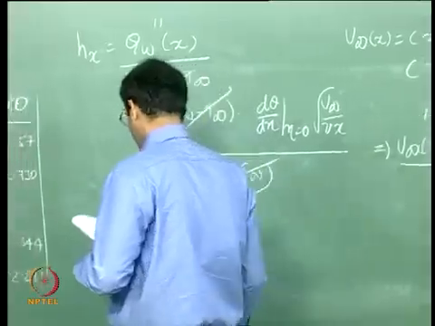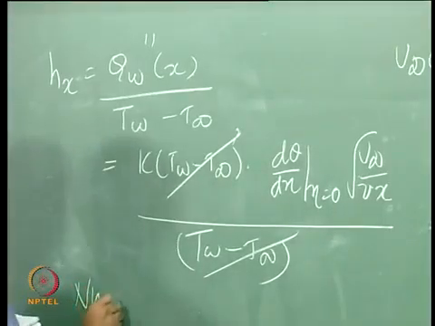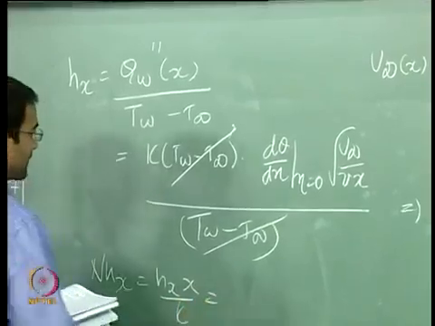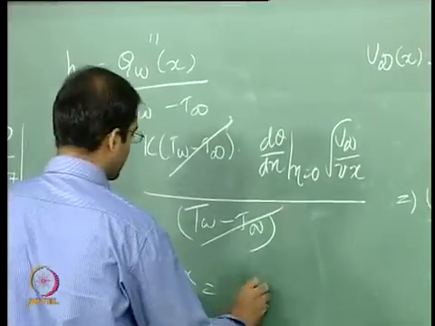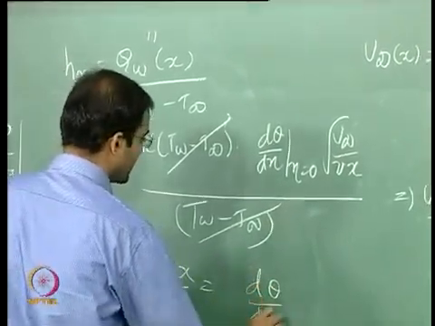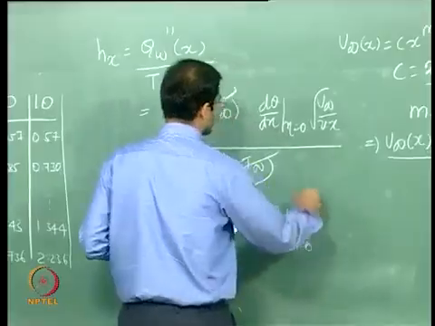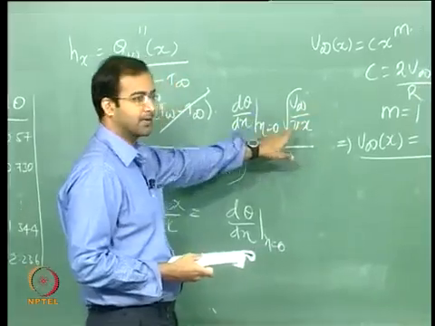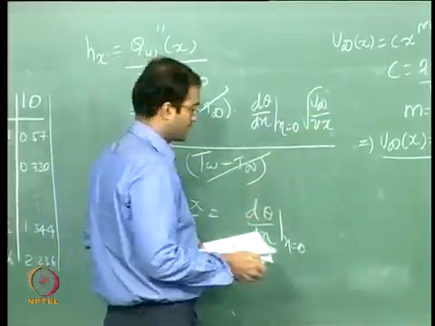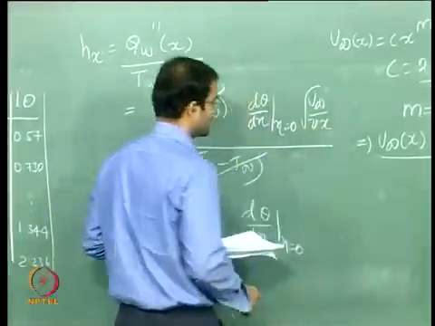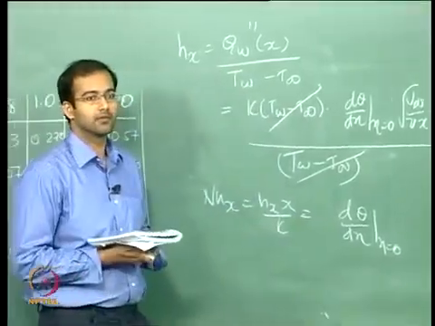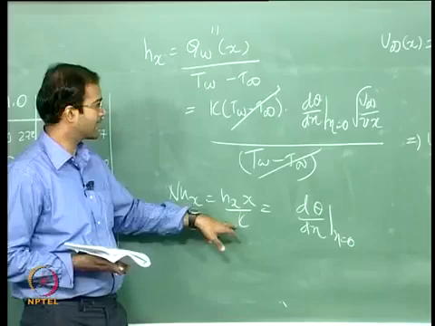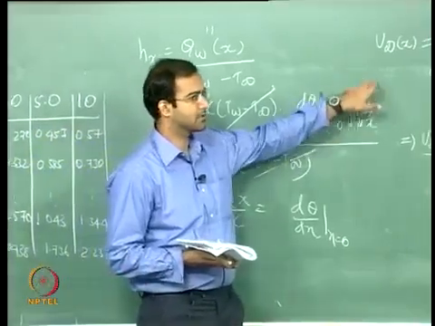Okay, so finally if you define your local Nusselt number as hx by k, so that will result in d theta by d eta at eta equal to 0 into, so you have x here, so square root of u infinity x by nu. If you multiply h into x by k, so what happens to this particular term?